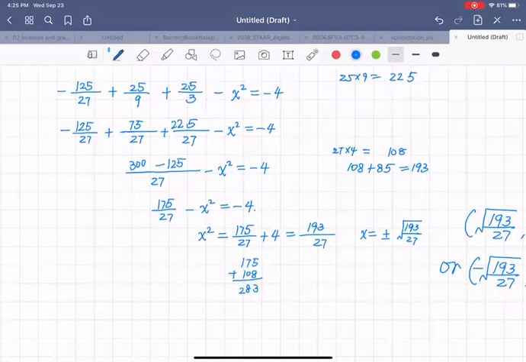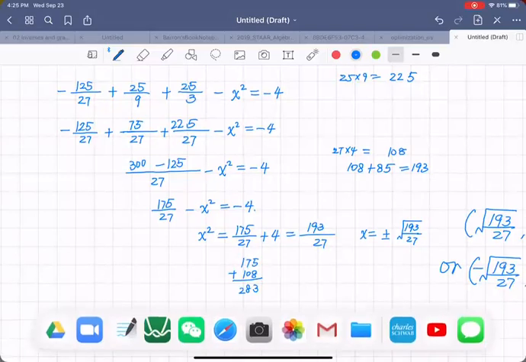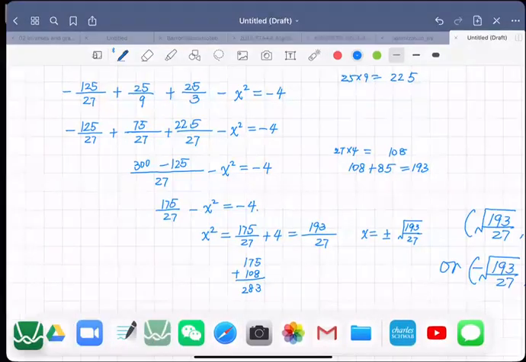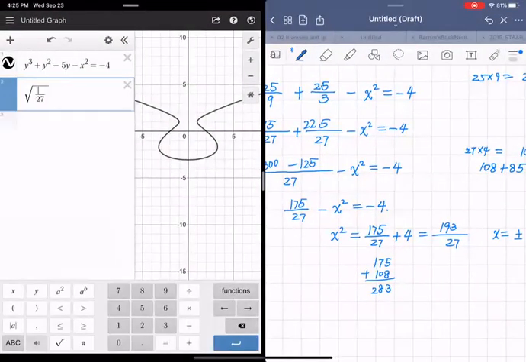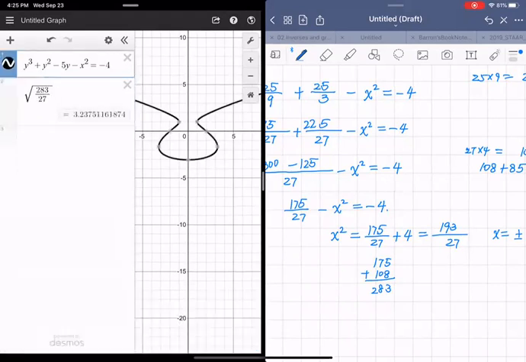Okay. So if we change this guy to 283, let's check. 283. Yeah, that's the correct answer now. This is the way to check the answer.